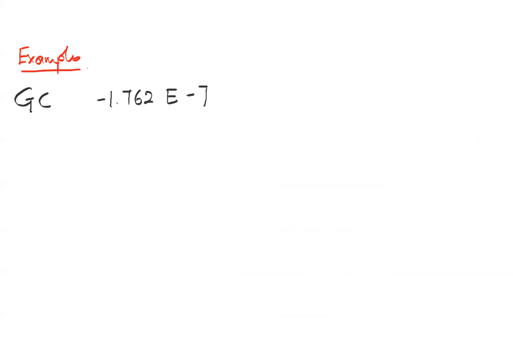This is read as negative 1.762, e means 10 to the power of negative 7. It means negative 0.000000 1762. So this one you can say approximately 0.